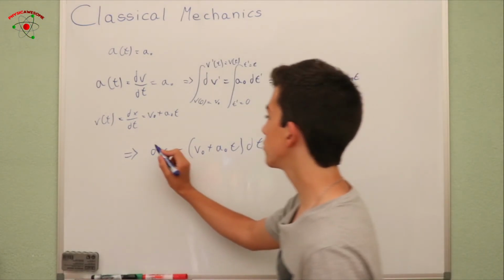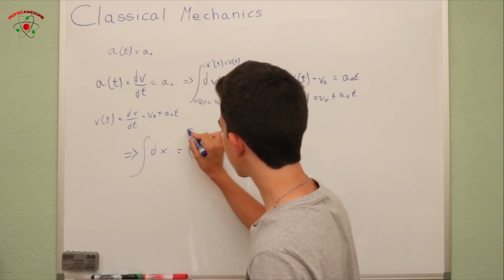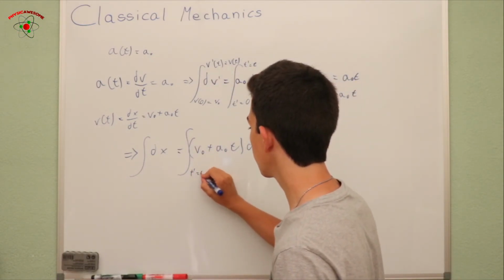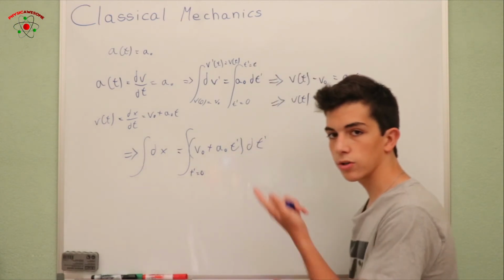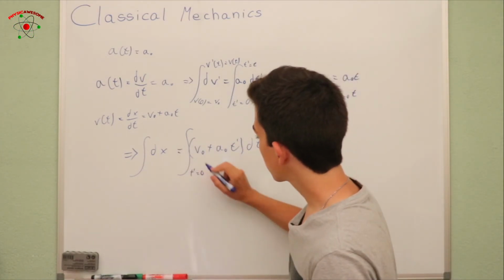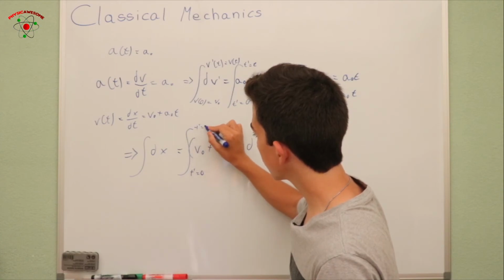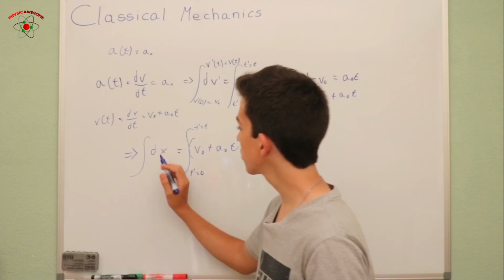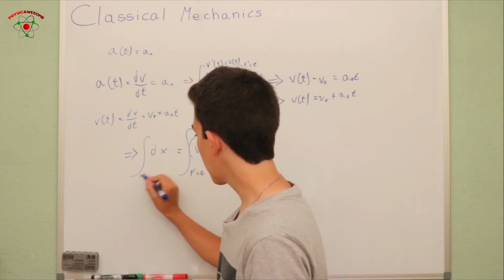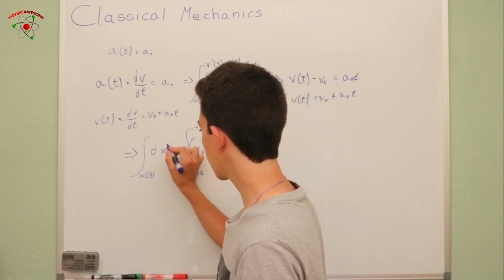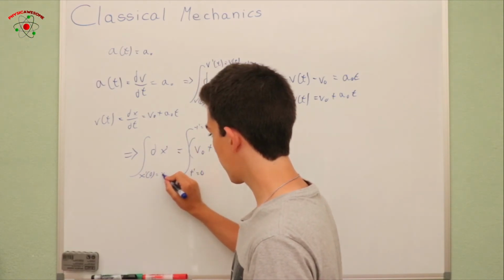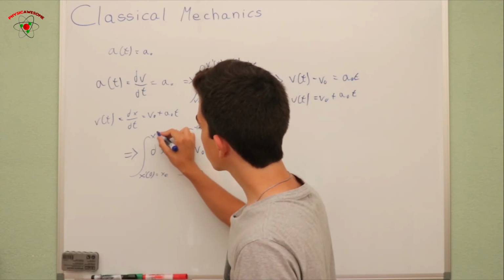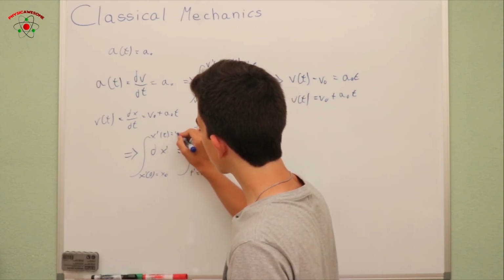Once again, we're going to do the integrals on both sides of the equation. We're going to integrate from t prime equals 0 to t prime equals t. And similarly, on this side of the equation, we're going to go from x of 0, which is x sub 0, to x prime of t equals x of t.